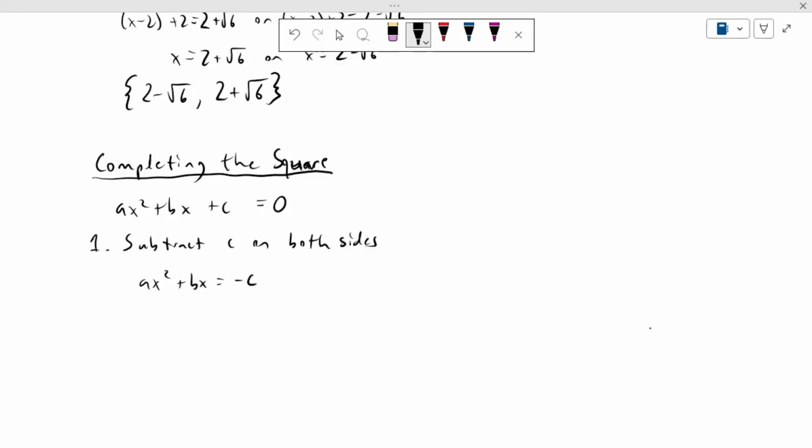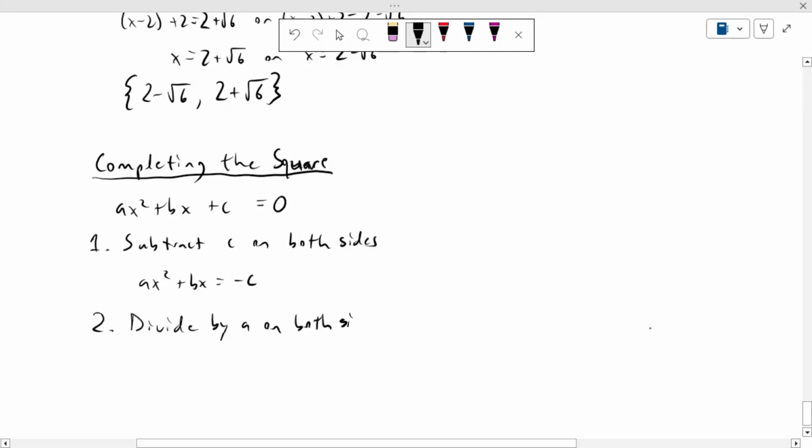Okay, now, next step. Divide by a on both sides. That's just to get your leading coefficient to be 1, because it's just easier to do things if your leading coefficient's 1. So if I divide by a on both sides, then I'm going to get x squared plus b over a times x is equal to negative c over a.